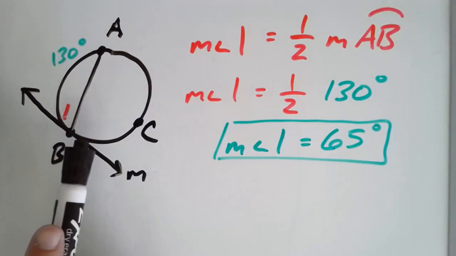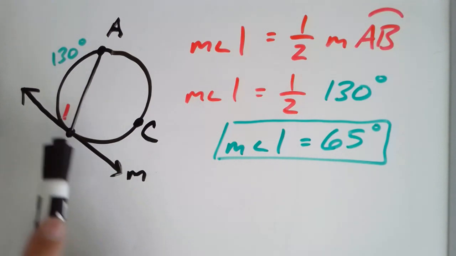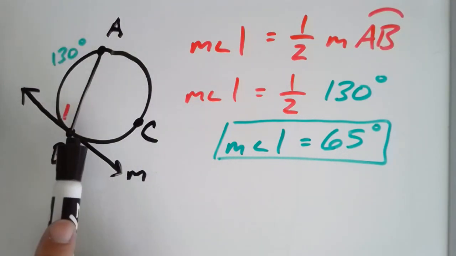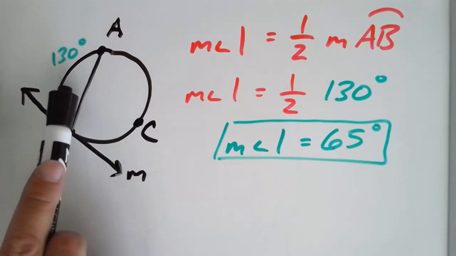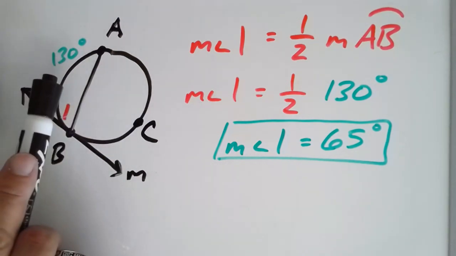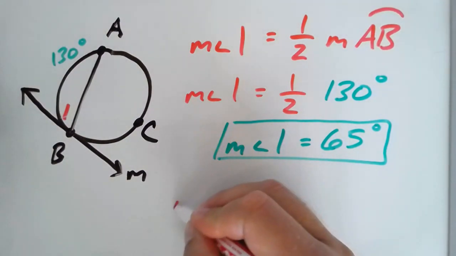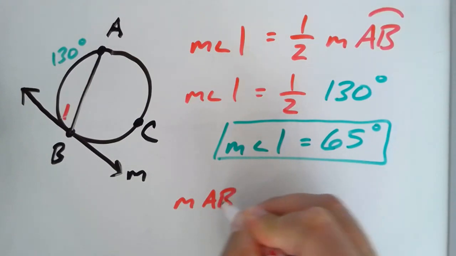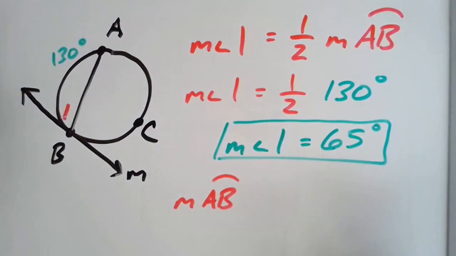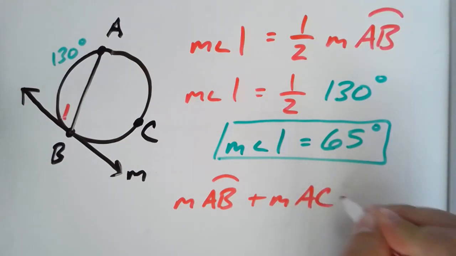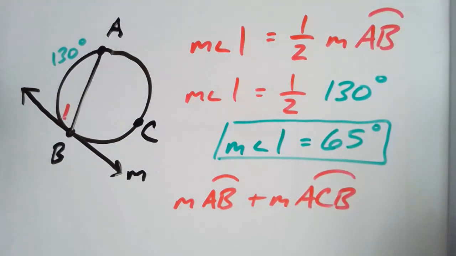But the actual simplest process here is I know that every circle has to have 360 degrees around it. Well, this is fundamentally just split up into two pieces. If I know one piece, I can figure out what's left over for the second. So algebraically speaking, I could just say this. Measurement of arc AB, which is that minor arc that I'm given here, 130 degrees, plus the measurement of arc ACB, which is just the other half of that circle.